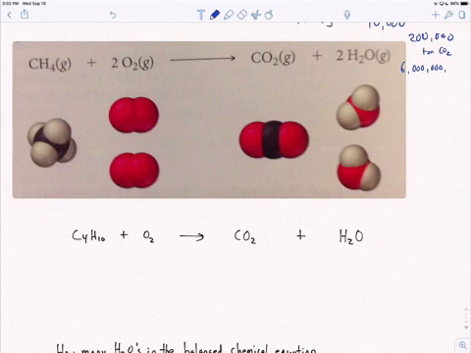There's 1 carbon, the black one here, and 1 carbon here, so 1 on the reactant side, 1 on the product side. Oxygen, there's 4 on the reactant side, 4 on the product side. And hydrogen, the white ones here, 4 on the reactant side, 4 on the product side. So same number of each type of atom on both sides of the equation.